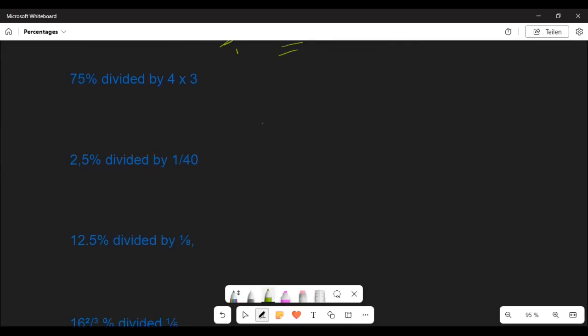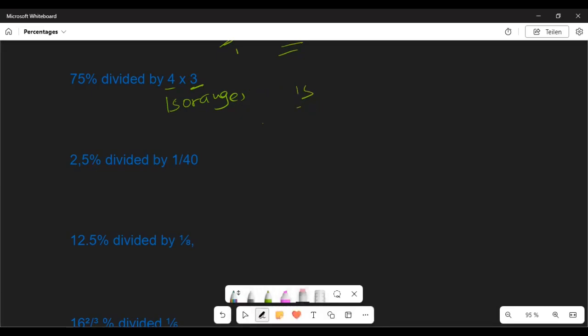75% is always like 3/4 of a number. So that means if you get, for example, 15 oranges, and you want to know what is 75% of that number, the easiest method here is just divide it by 4 and then multiply by 3. So in this case, we have 15 divided by 4, and multiply that number by 3.